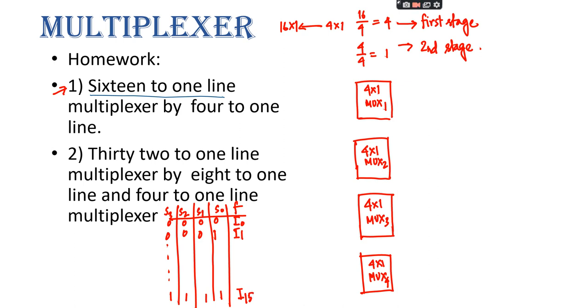We have discussed that in our previous class, right? Now for this multiplexer, my inputs should be I0, I1, I2, I3. Then here it should be I4, I5, I6, I7.